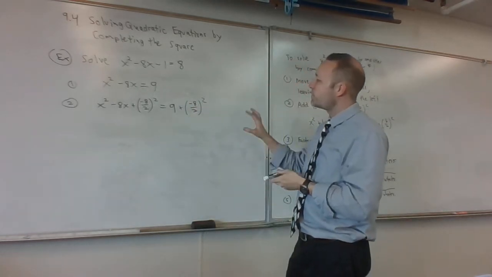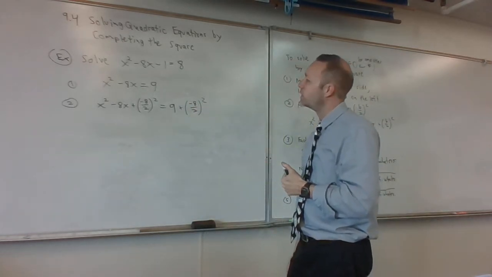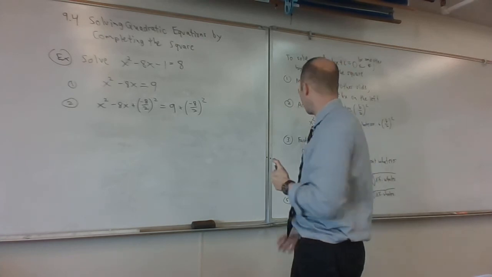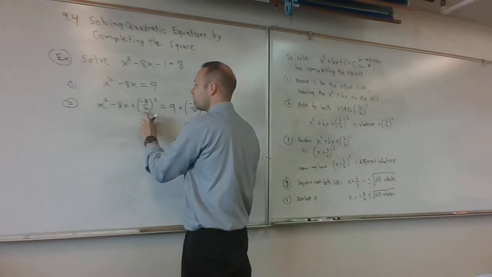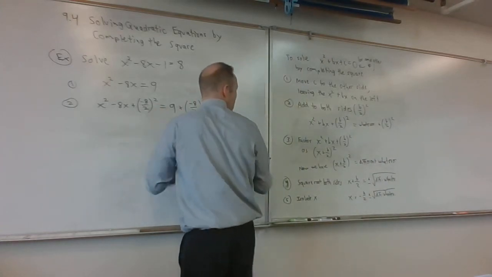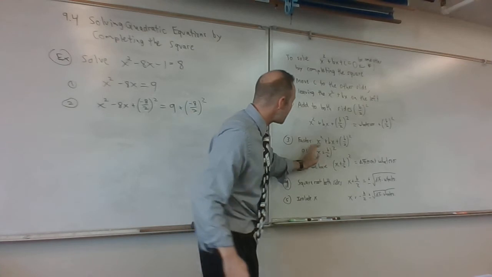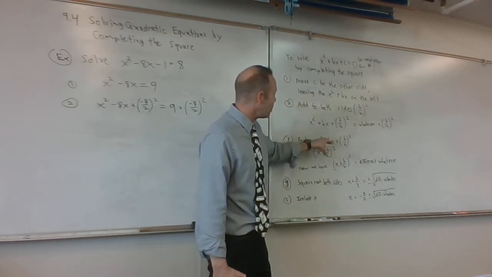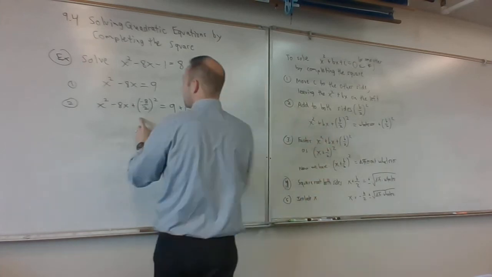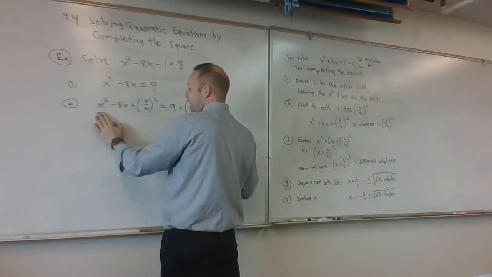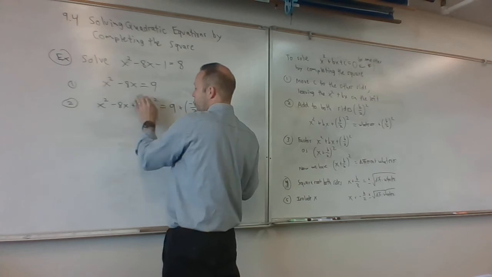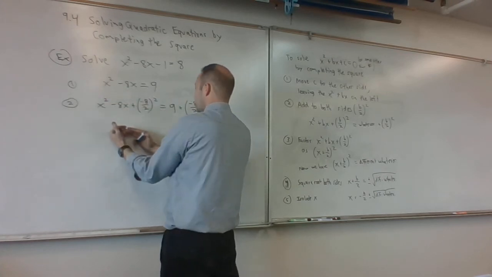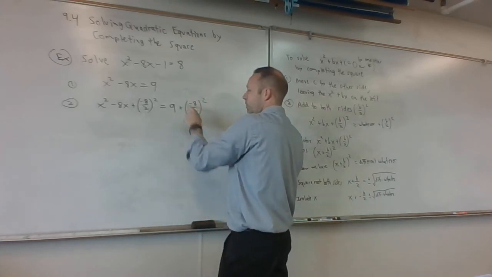This can be simplified a little bit, but I don't want to do much simplifying to the left-hand side because what I'm moving to is this binomial squared. My goal is not to simplify here, my goal is to factor. But this right-hand side I will want to simplify.